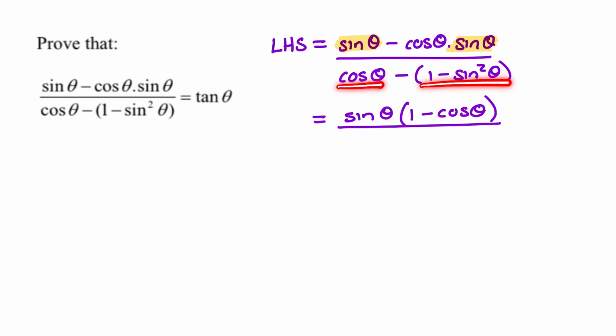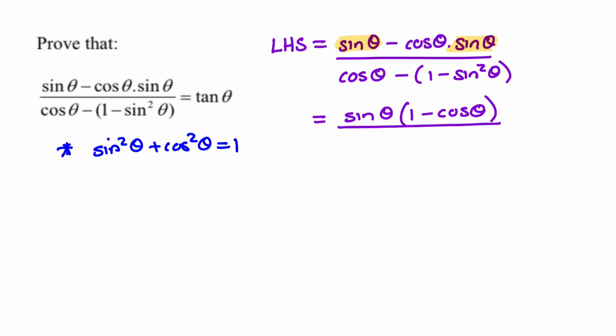And I notice there's not a common factor, but I have 1 minus sine squared theta. Now this should point you towards one of the identities. So remember that sine squared theta plus cos squared theta is equal to 1.